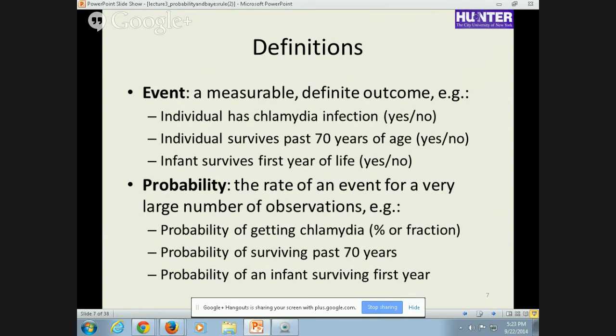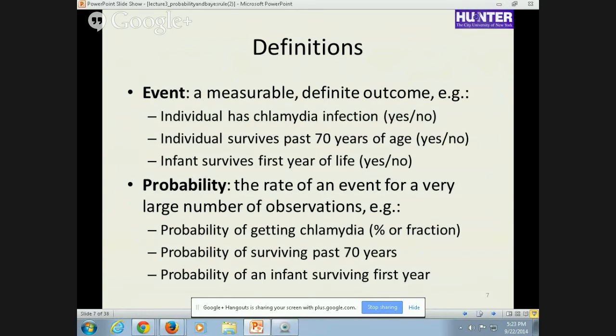It has a result. So, for example, the individual has chlamydia infection, they have a positive test, someone survives past 70 years of age. So this is a result that eventually at some point in time we have the answer to.